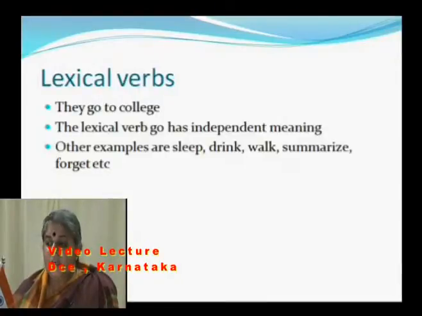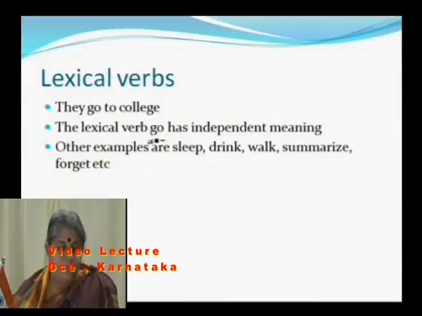Now, the lexical verb go has independent meaning. It is definable also. Other examples of lexical verbs are sleep, drink, walk, summarize, forget, eat, teach, make, hit, etc.